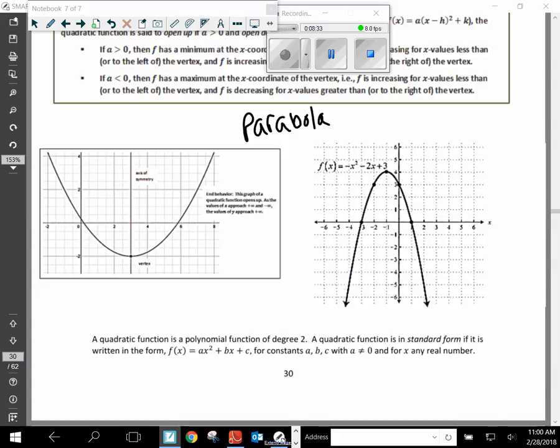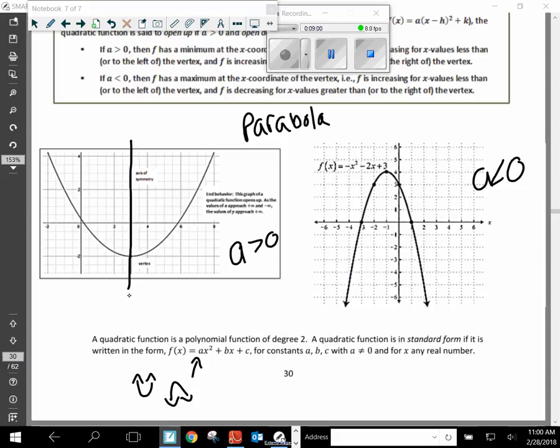If it's opening up, that means that the leading coefficient A is positive. If it's opening down, that leading coefficient must be negative. Make a little note to yourself that this A, this leading coefficient, is going to tell you if it's going to smile or if it's going to frown. All right?